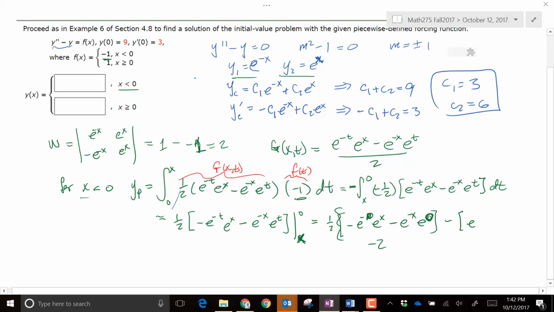Sorry about that. So we put the 0 first, and then we put the x. So we have negative e to the x minus e to the x e to the negative x. One of them is negative.